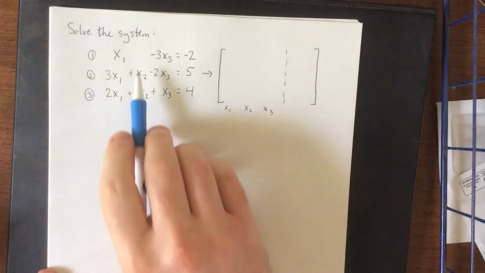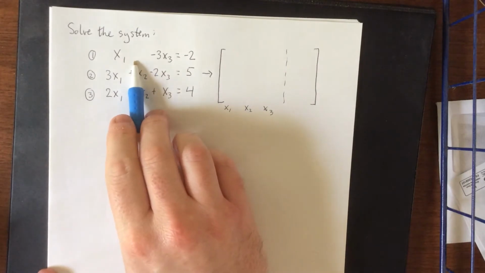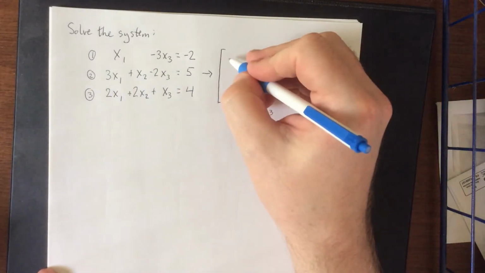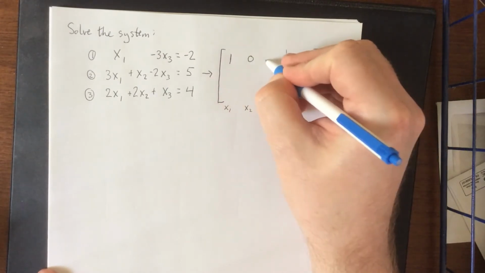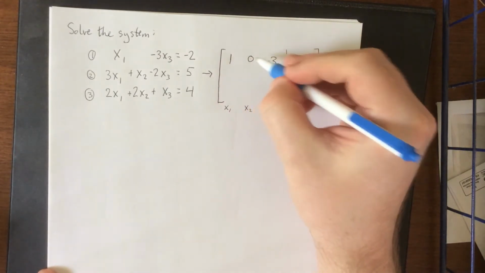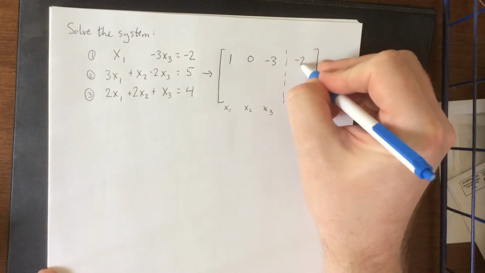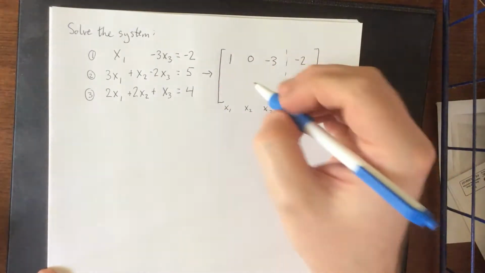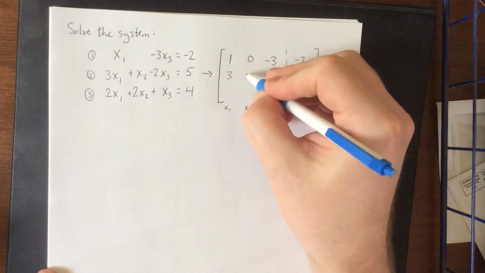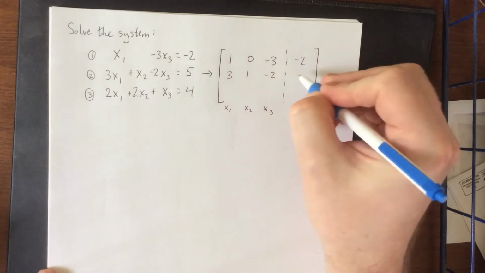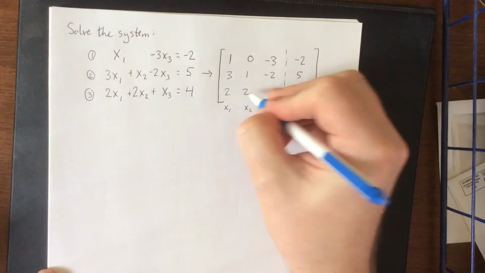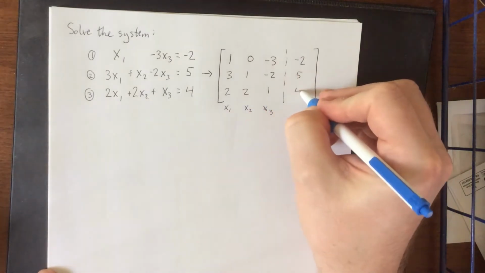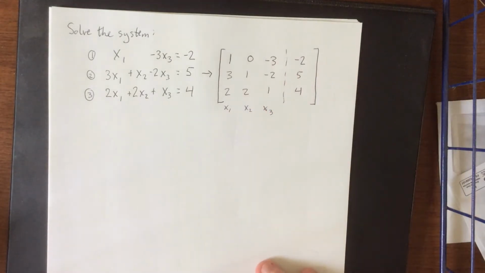Now you'll notice in the case of the first equation, there is no x2 term. We can still come up with the appropriate coefficient for it, though, in the form of 0. So first row will be 1, 0, negative 3, augmented by negative 2. Second row will be 3, 1, negative 2, augmented by 5. And the third row will be 2, 2, 1, augmented by 4.